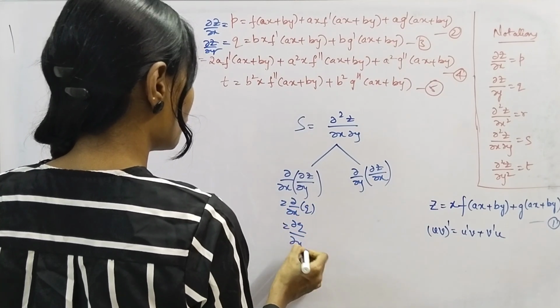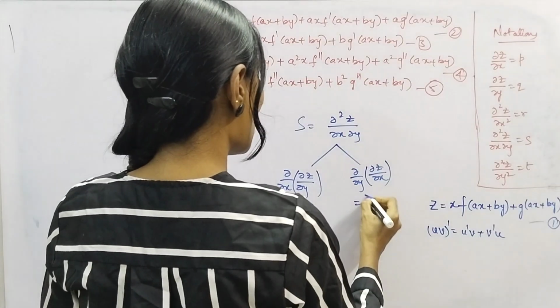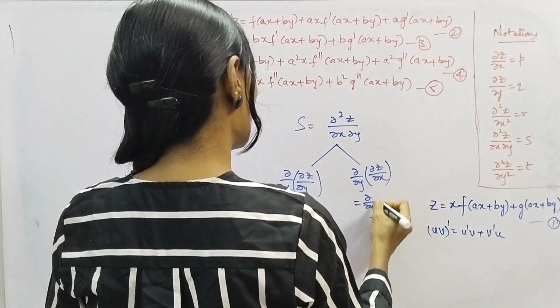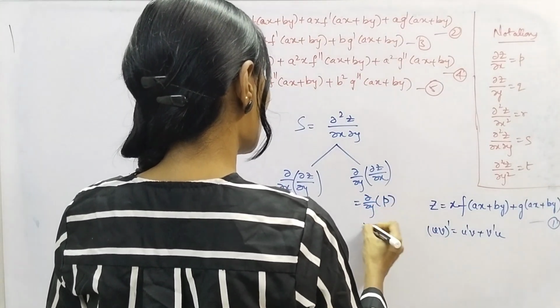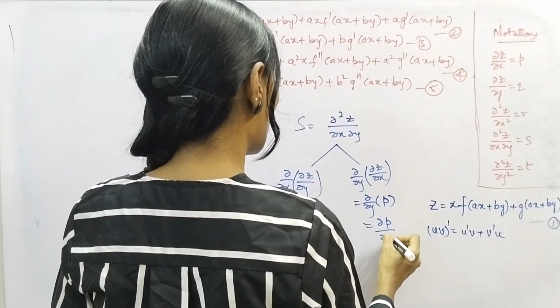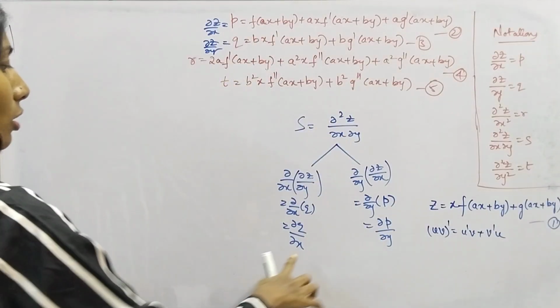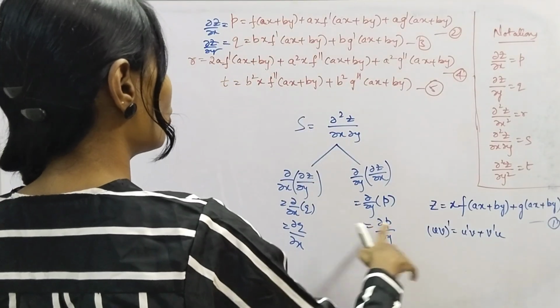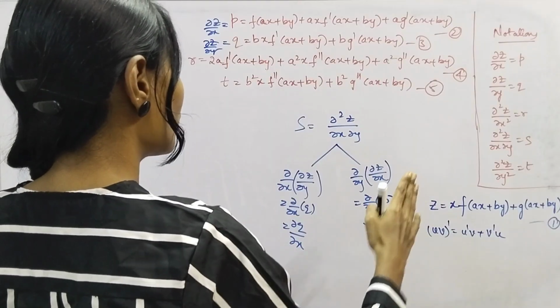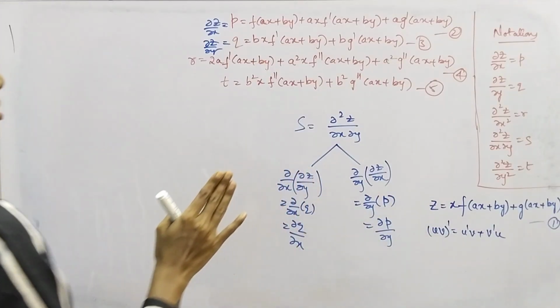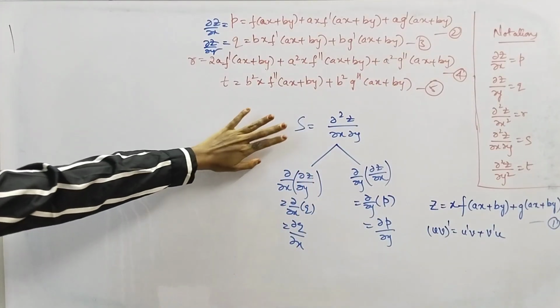This gives us ∂q/∂x, which is nothing but s. And also we know that ∂z/∂x can be replaced by the notation p. So this gives us ∂p/∂y, which is nothing but s. Either you can pick the equation involving q or you can pick the equation involving p, which gives us the equation involving s.